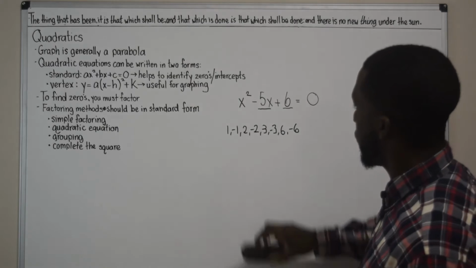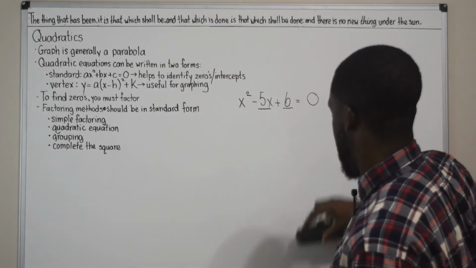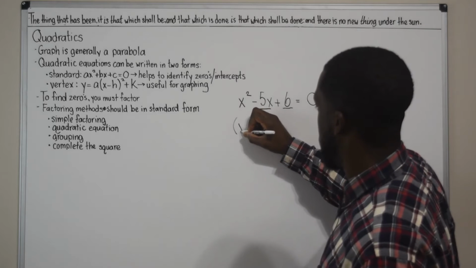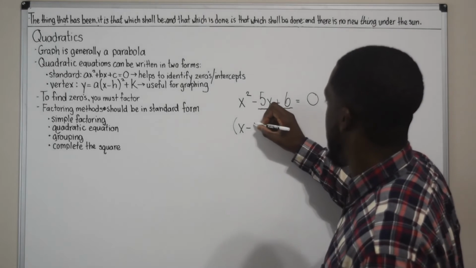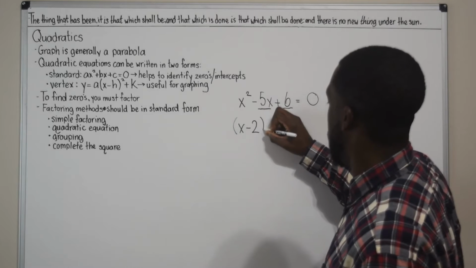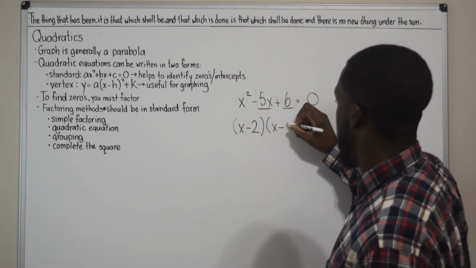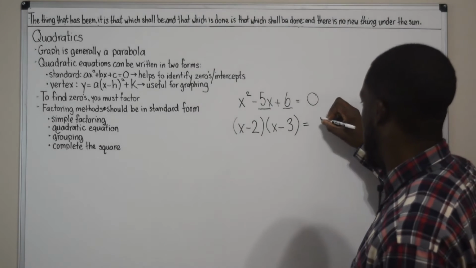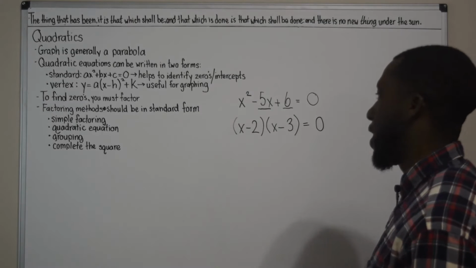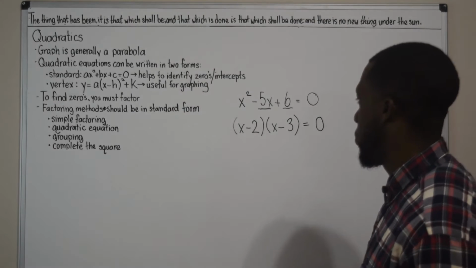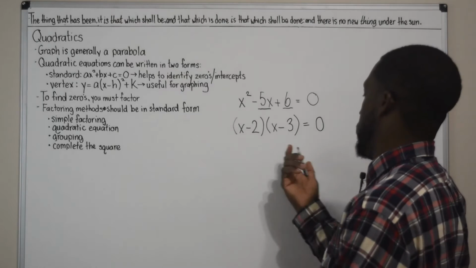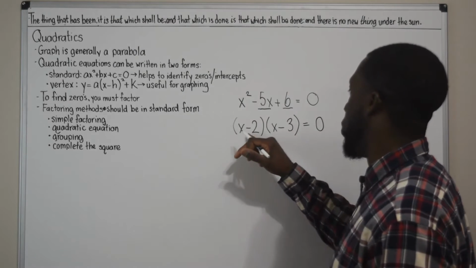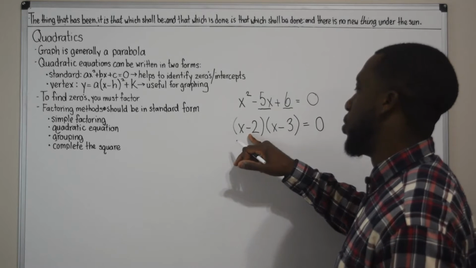So I'm going to erase this and write it how it's supposed to be written. We already told ourselves we're going to have x minus 2 and x minus 3, and then equals 0. All right, so that's how you factor it. Now, if they ask you what the zeros are, you solve both of these factors for 0.